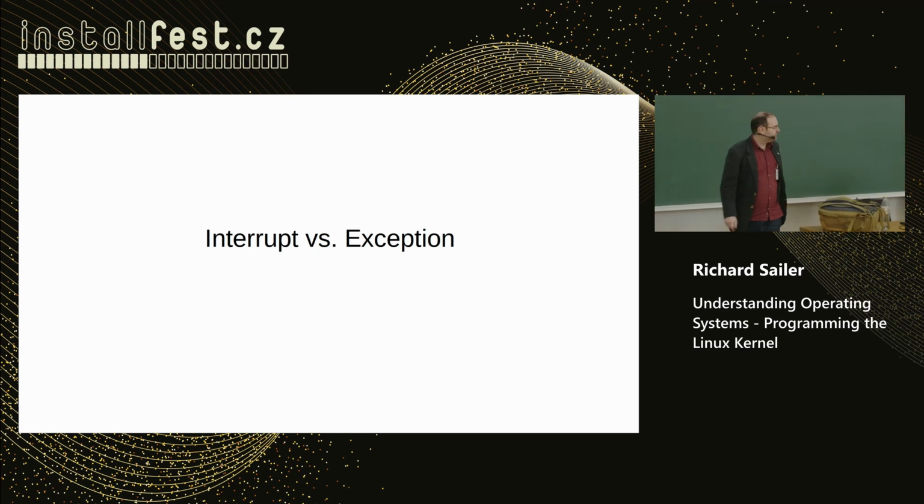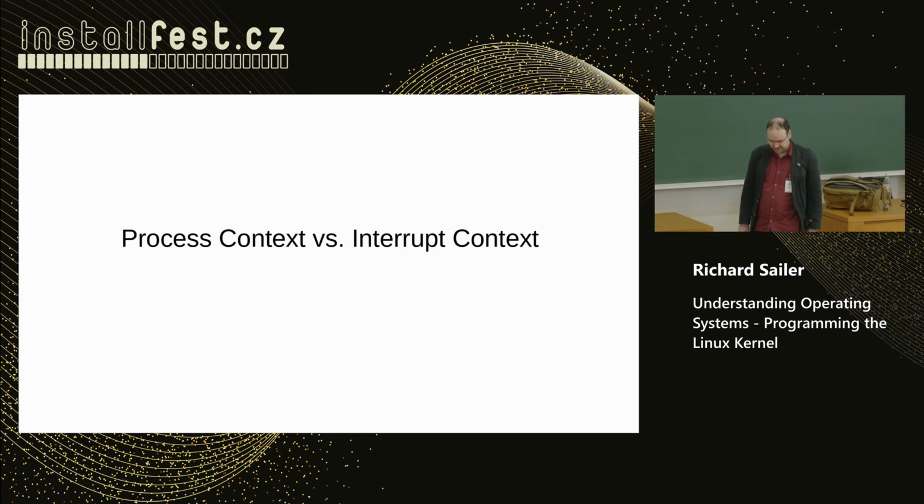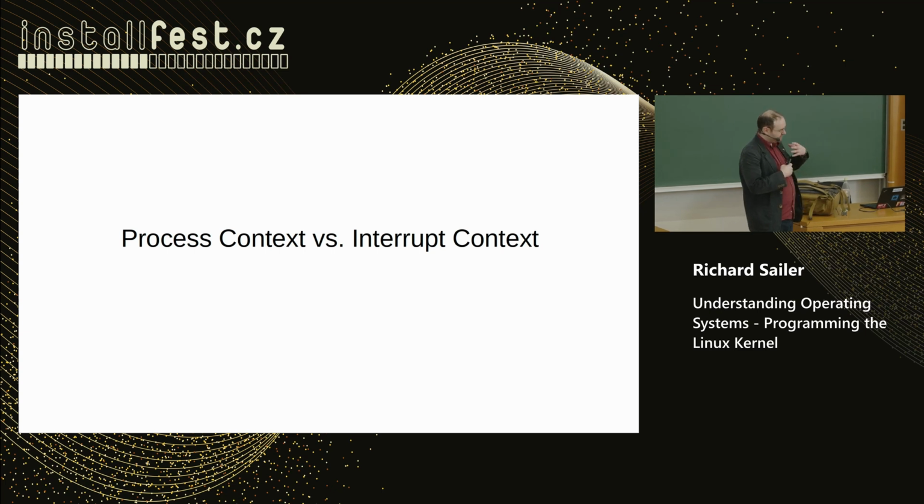We have this process context versus interrupt context. Usually your operating system, also if you have kernel code, runs in process context. And if you have user code, also in process context, that means the kernel always knows I have a specific process scheduled that is responsible for the stuff.